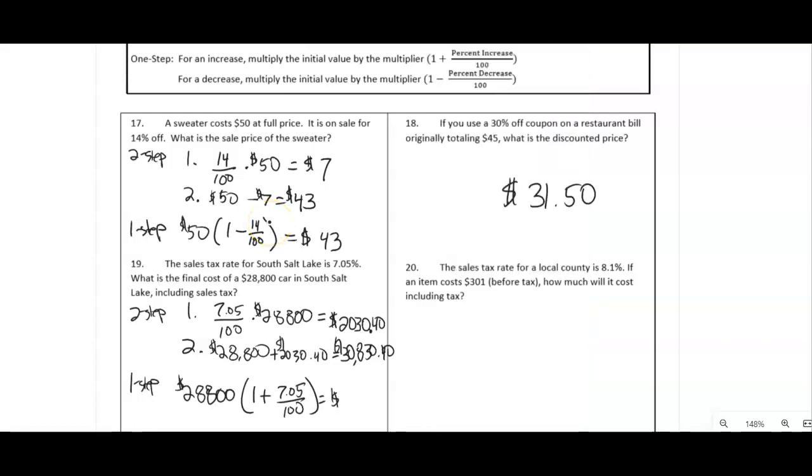Also, $30,830.40. All right, go ahead and pause the video and work on number 20. The answer to number 20 ends up being $325.38.